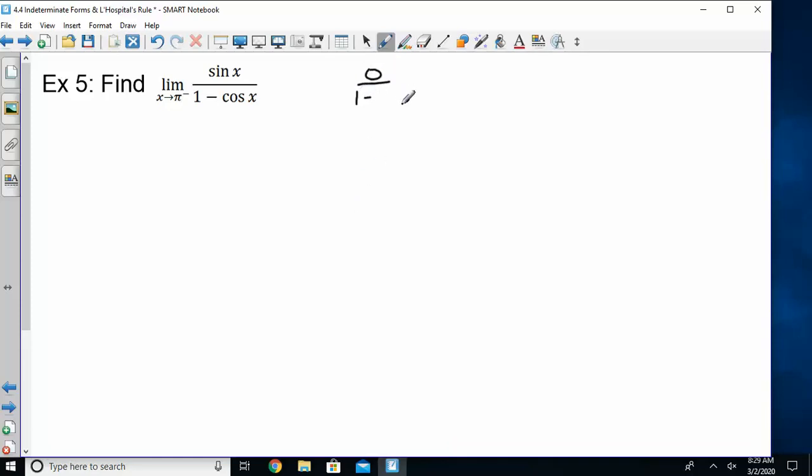What is the cosine of 180 degrees? Negative 1. Do I need L'Hopital's here? No. So 0 over 2, which is 0. It's not an indeterminate form. So you only use it if you need to.